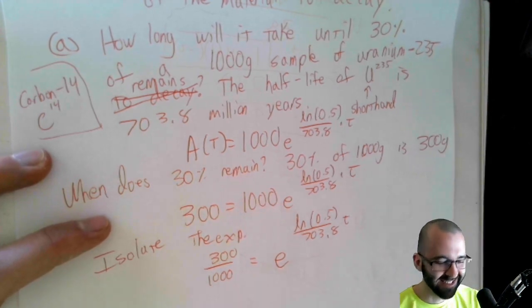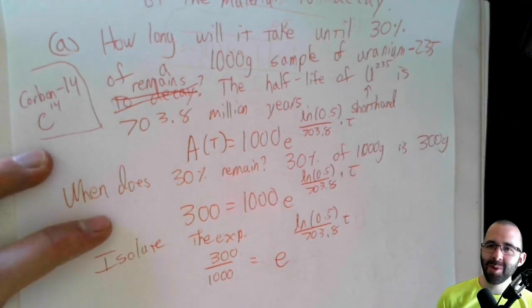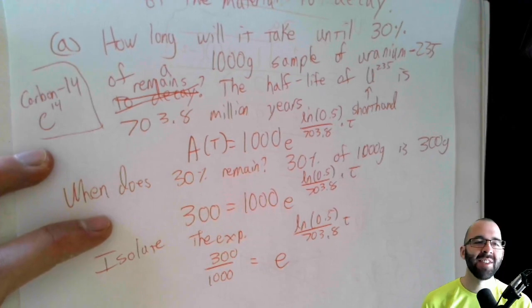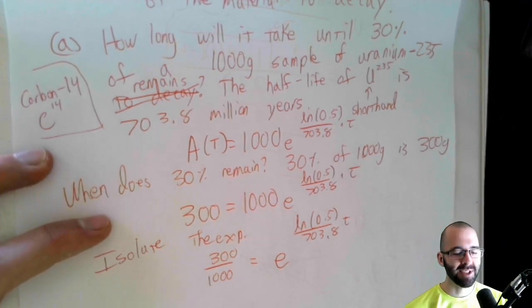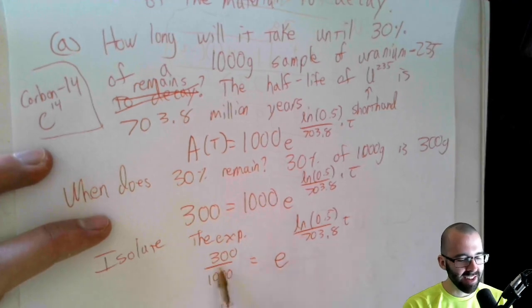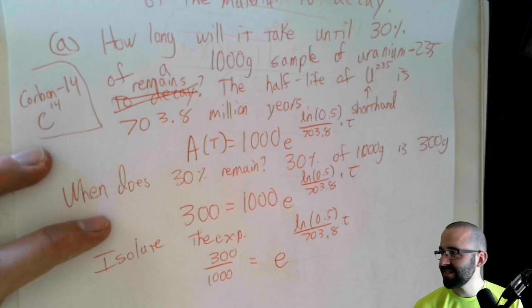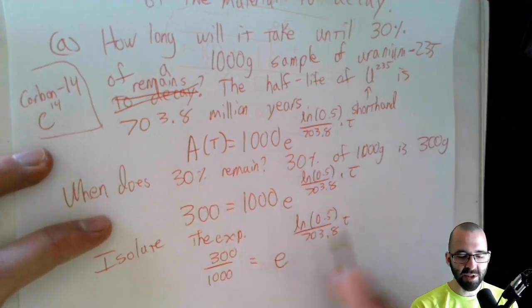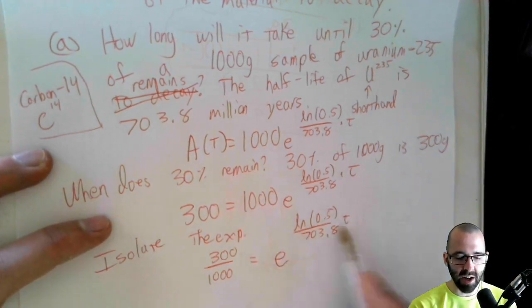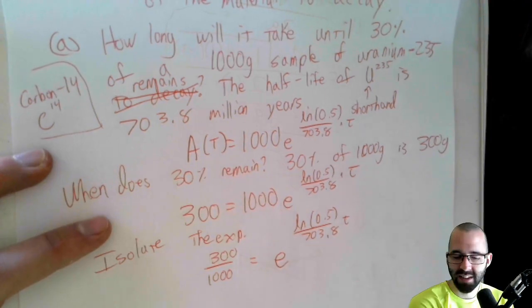It gets better. The more and more problems that you do, it's like Stockholm syndrome, right? You're held captive by this problem, but the longer you're captivated by it, the more you're going to like it. So we need to take the natural log of both sides because we need to solve for t. We need to undo that exponential.